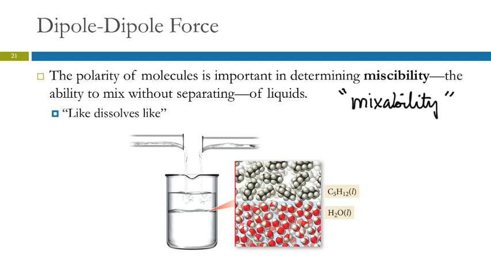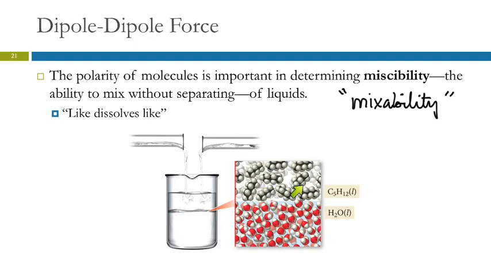Here we have an illustration of two clear, colorless liquids, and you pour them into this beaker, and the one sits on top and the other's on the bottom. And you could stir this or shake this or do whatever you want, but just like oil and vinegar in a salad dressing, as soon as you stop agitating it, they're going to separate.